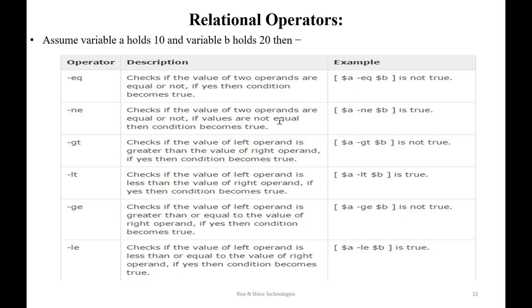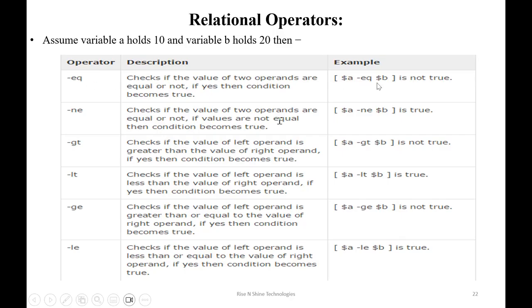Double equals you can use; that is also fine, no issues from the arithmetic section. But from the relational point of view, what is the statement we can use for the two operands to check? This one we say the left operand and this one we say the right operand, and the operator is the middle one.